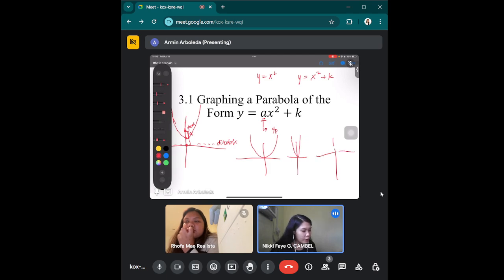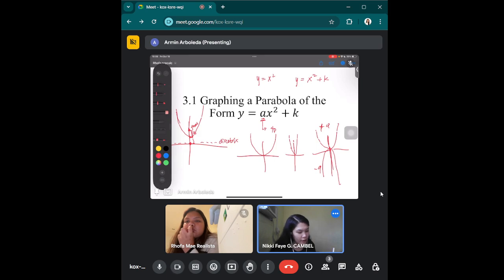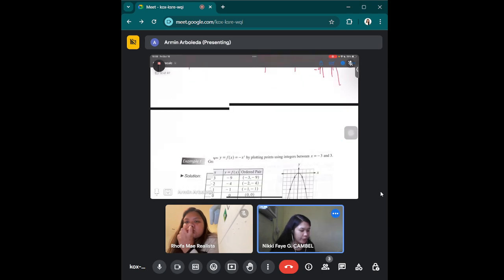If A is positive, it's looking upwards. But if it's negative, it's looking downwards. Okay, so those are the things that this A could help us. Yan yung bagong na-introduce sa standard form sa worksheet nyo.